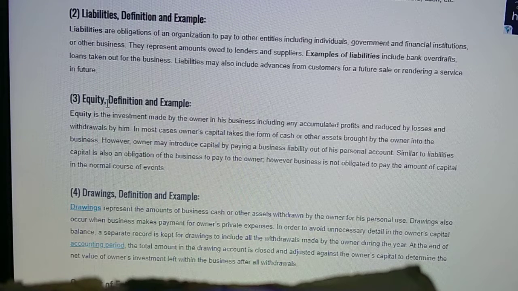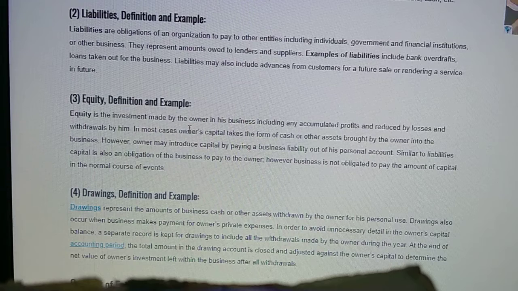Or similarly vice versa, suppose if you get any kind of loss, your capital is going to be reduced. So in the definition, equity is an investment made by the owner in his business, including any accumulated profits and reduced by losses and withdrawals by him.